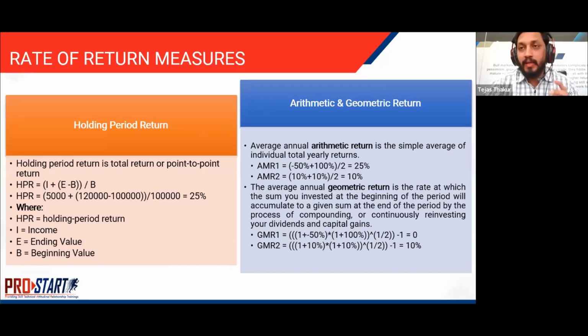Now it might seem that the first example has minus 50% in one year, but it has a 100% number. And the second example has just a 10% number in both the years. But apparently the 10% return will actually generate a better return for the investor in spite of AMR2 being lower than AMR1, because 100 becomes 110 and 110 becomes 121.